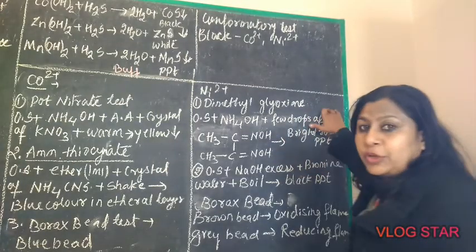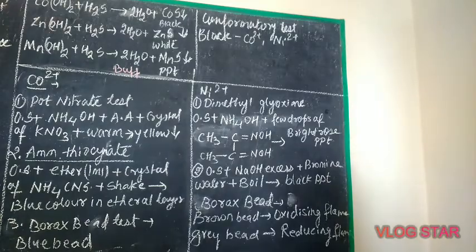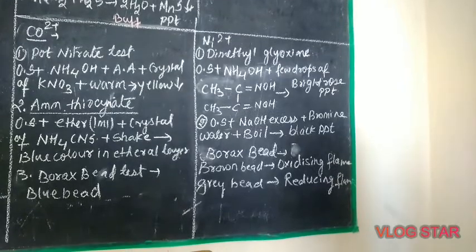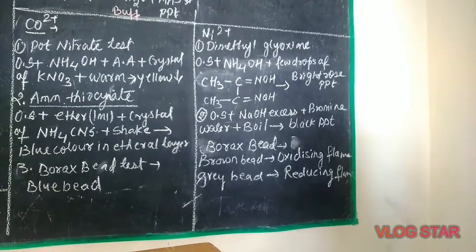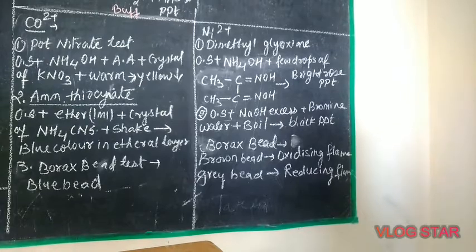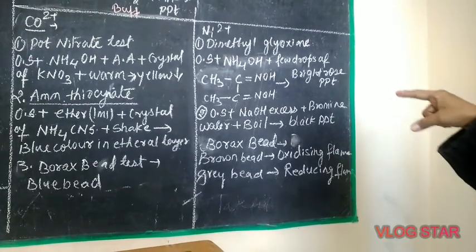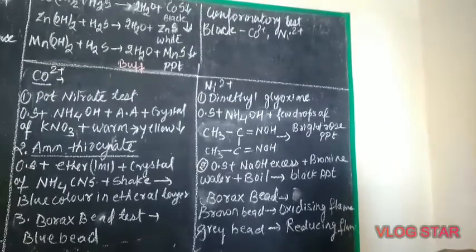Now test for Ni2+, that is nickel 2+. First test is dimethyl glyoxime test. Original solution plus NH4OH, that is ammonium hydroxide, plus a few drops of dimethyl glyoxime, that is CH3C=NOH with CH3C=NOH bonded.